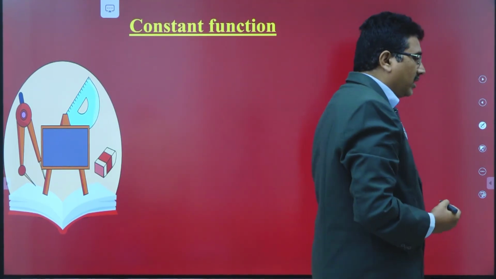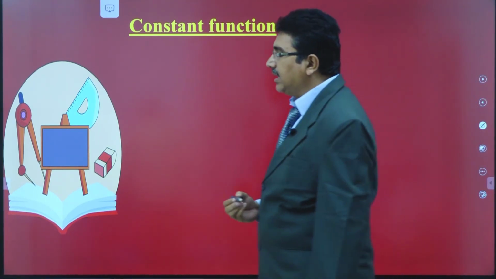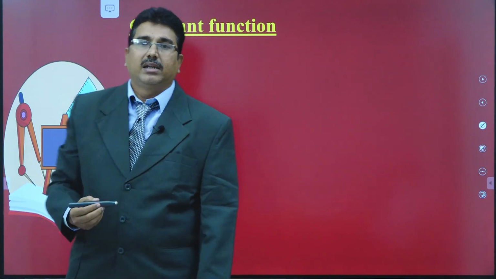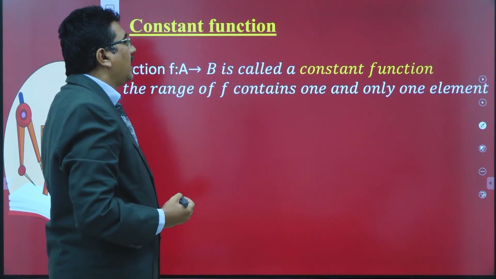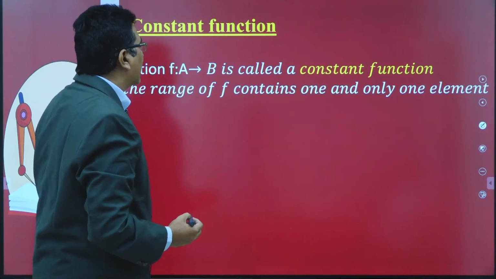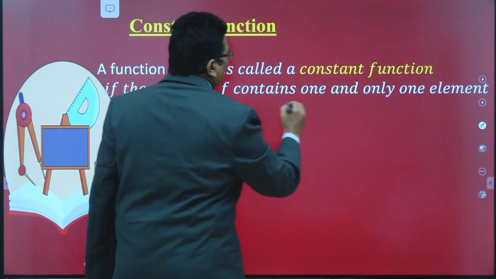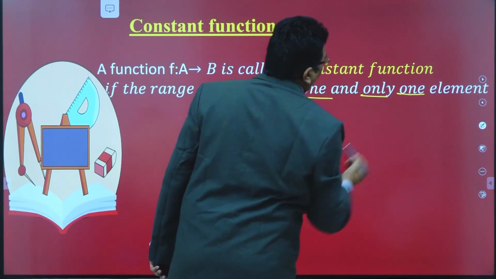Now constant function. How to define a constant function? A function is called a constant function if the range of f contains one and only one element.